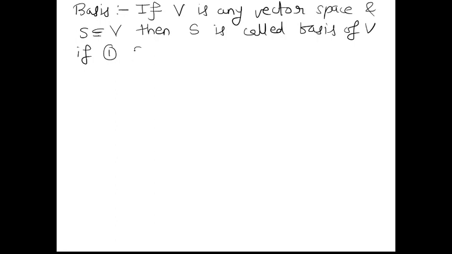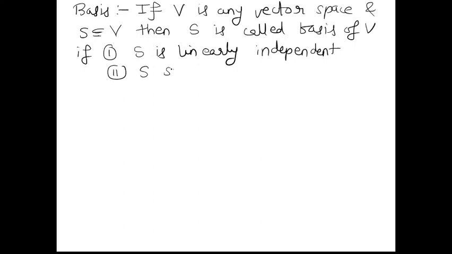First, S is linearly independent. First of all, S must be linearly independent. And the second condition is S spans V. We have talked about these two concepts in the previous video lecture.